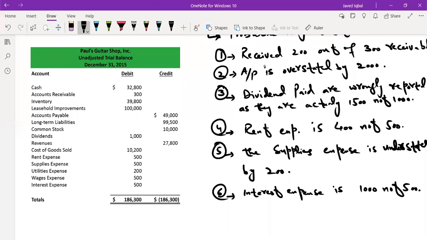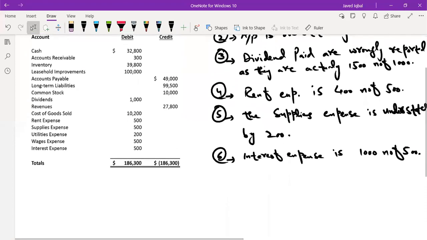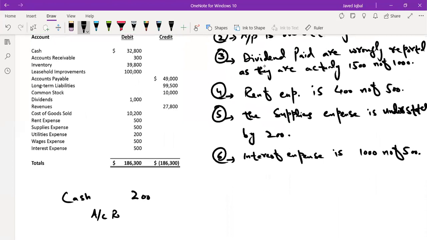Okay. So first one is receive 200 out of 300 receivables. So when you receive, you have a journal entry of what? Cash, debit, and you received how much? 200, and your account receivables are bound to decrease. When we decrease the assets, it should be credited.